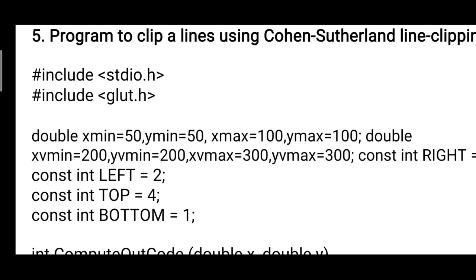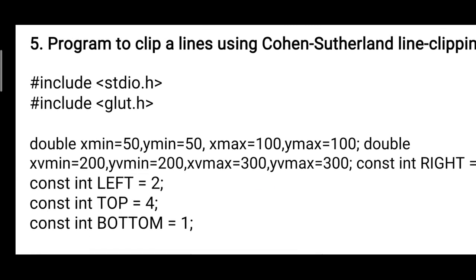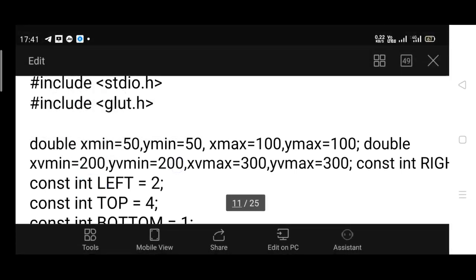Please try to understand. For that purpose, we have declared another rectangle. At which position? See here, the minimum values of x and y are 200 and 200, and the maximum values of x and y are 300 and 300. They are xv minimum, yv minimum, xv maximum and yv maximum respectively.